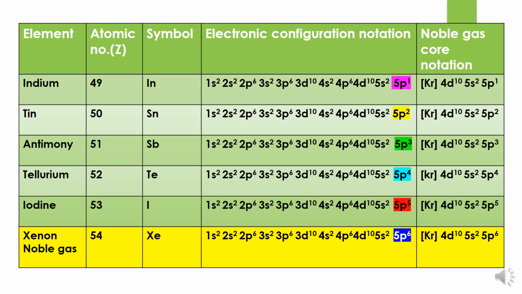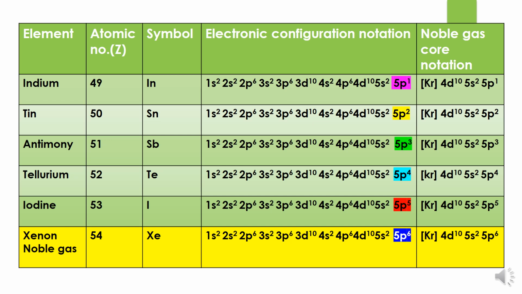And now you can see that after completing the 5p orbital, the next noble gas xenon arrives. So you can have a look at the electronic configuration of these noble gases, and you can find a similarity between these, that they have a completely filled np subshell.